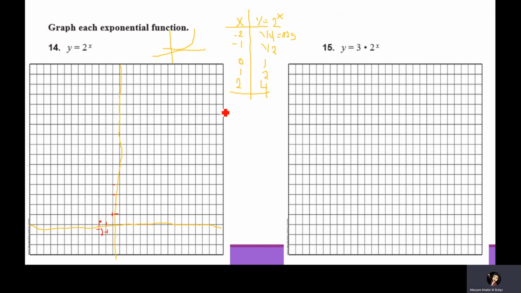Once I sketch negative 1 and 1/2, it will be in the middle of this line. Once I have 0, it will be 1. Once I have 1, here is 1, it will be 2, so here is your point. Once you have 2, it will be 4. So once you continue your work, you will find the function looks like that.